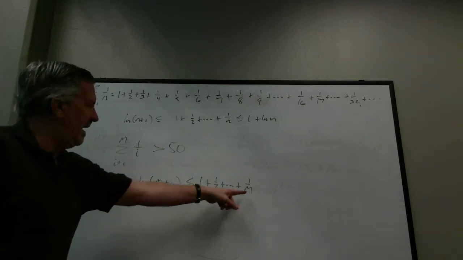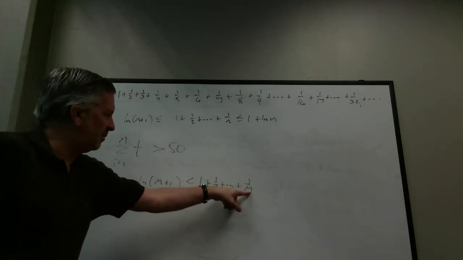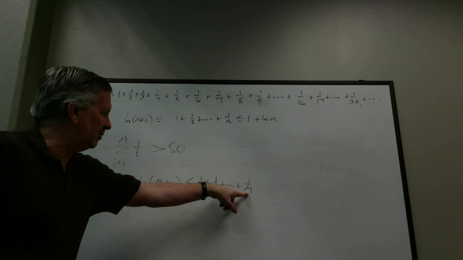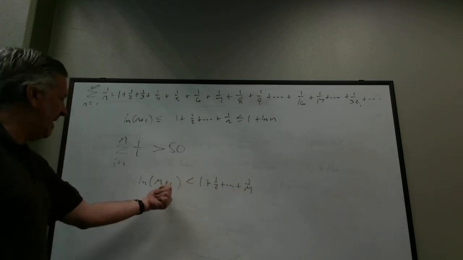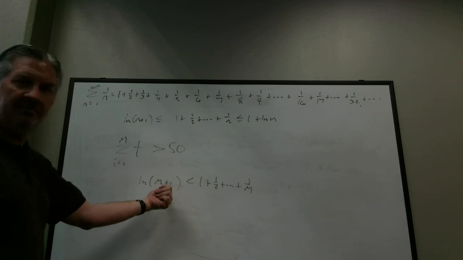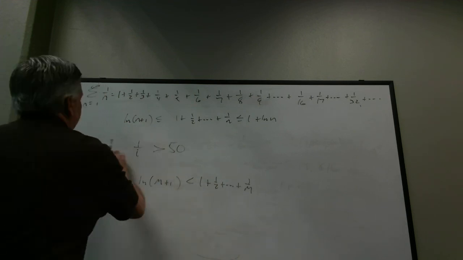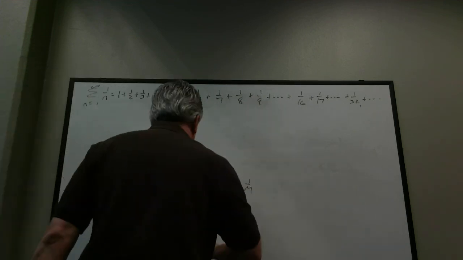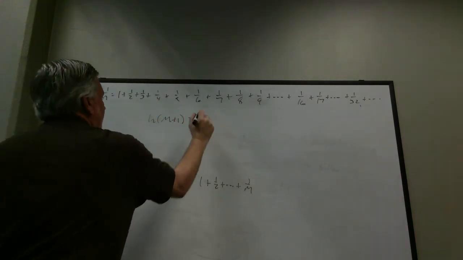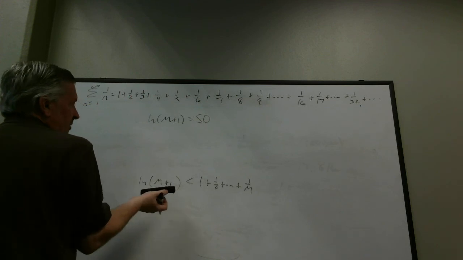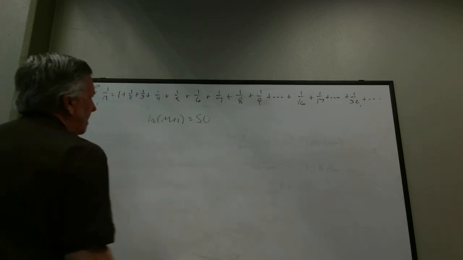And we want to know how many terms, 1, 2, 3 up to m terms, we need for this to be bigger than 50. So I want natural log of m plus 1 to be 50. Let's just set natural log of m plus 1 equals 50, and solve for m. That tells us how many terms we have to have.